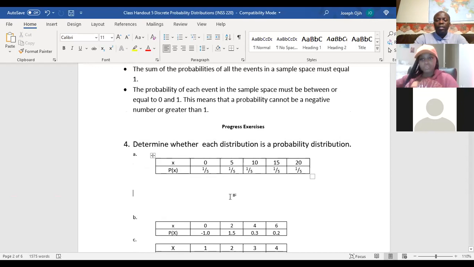Let me go to our formula page. Excuse me, I'm going to show you this before we go there. There are 1, 2, 3, 4, 5. We'll write them down. There are 5 of them.